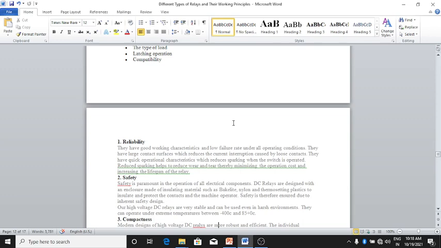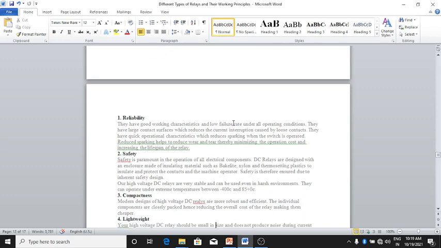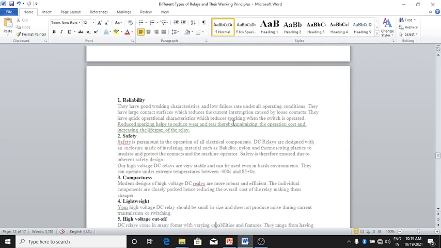Safety is therefore ensured due to inherent safety design. Our high voltage DC relays are very suitable and can be used even in harsh environments. They can operate under extreme temperatures between minus 40 degrees Celsius and 85 degrees Celsius.